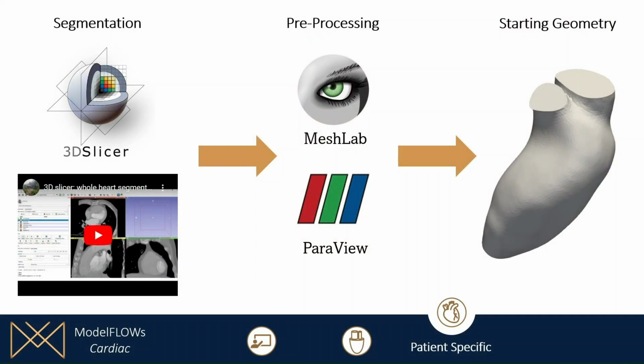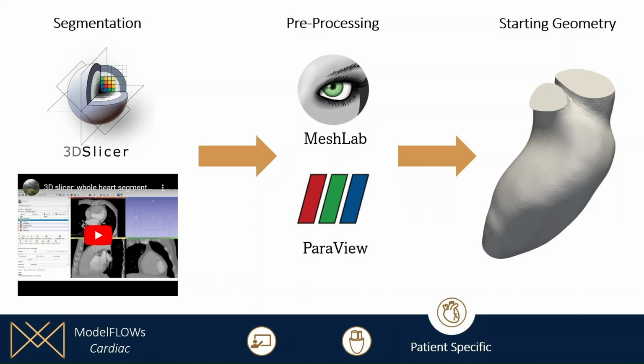But before we go to the MATLAB script of this patient-specific geometry, we are going to show you also how to do the segmentation and the pre-processing, the cleaning and the cutting, of these left ventricle surfaces, so that you can take your medical data and obtain these patient-specific geometries. So for that, we're going to go back to our PowerPoint.